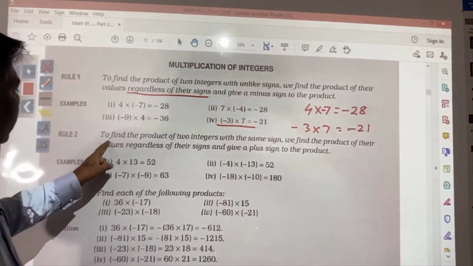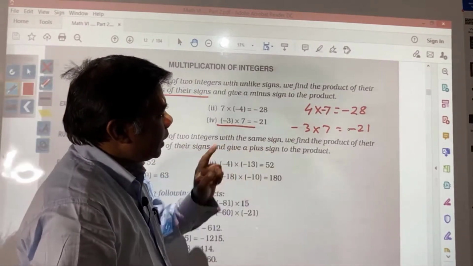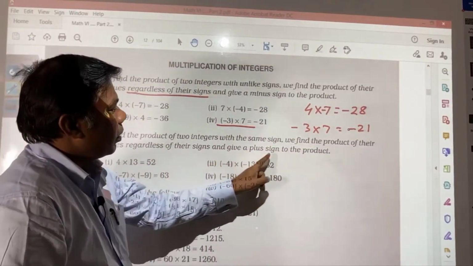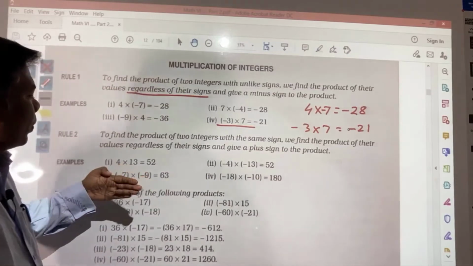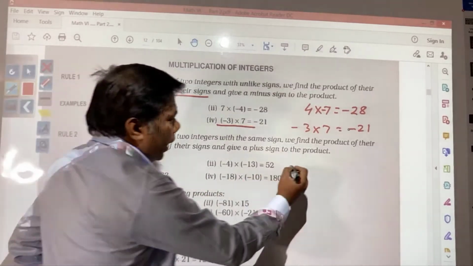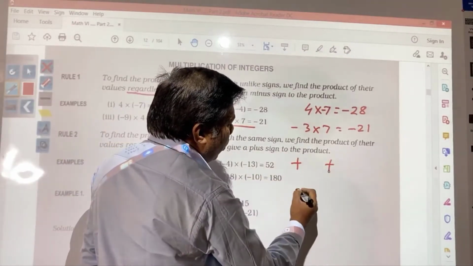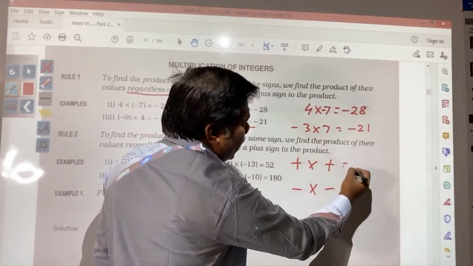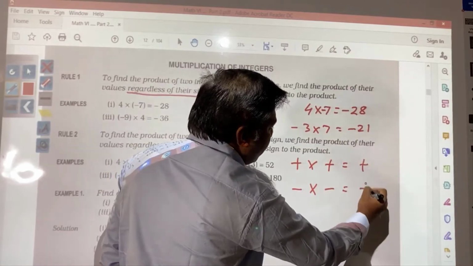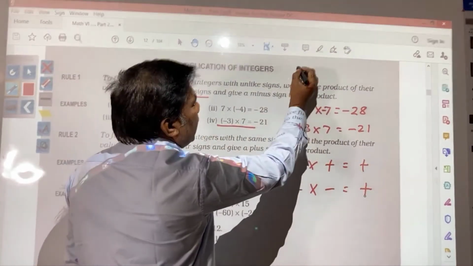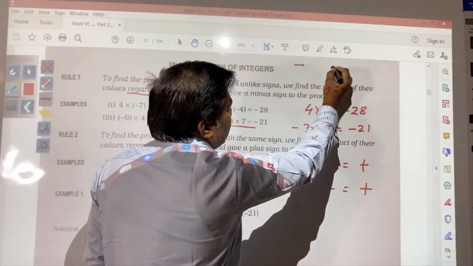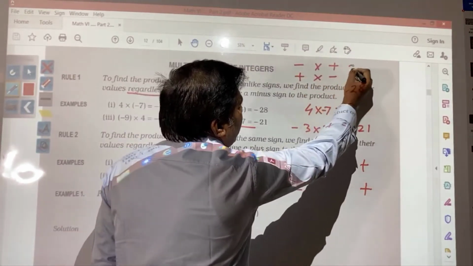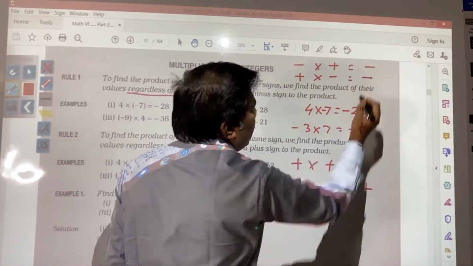Rule 2: to find the product of two integers with the same sign, we find the product of their values regardless of their signs and give a plus sign to the product. If two like signs are there, either plus and plus or minus and minus, the product you will get will always be positive. Earlier we saw that if unlike signs are there, the product will be negative.